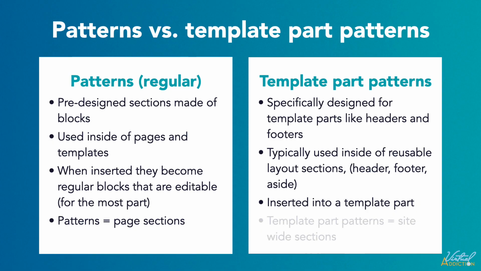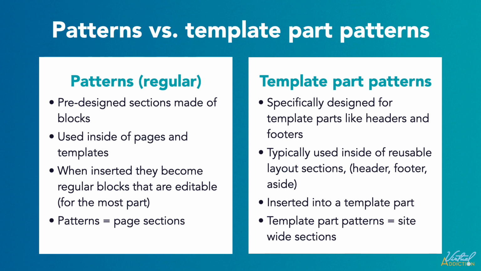Here's the important difference. When you insert a template part pattern, it becomes part of a reusable section that appears across your entire site. So if you edit it, those changes show everywhere that template part is used. To summarize, regular patterns are for page sections, template part patterns are for site-wide sections.